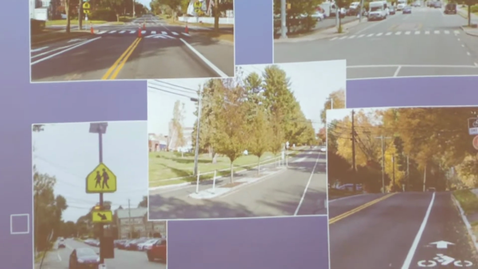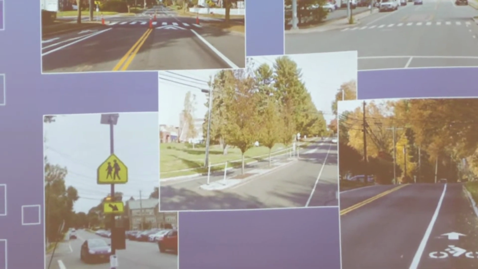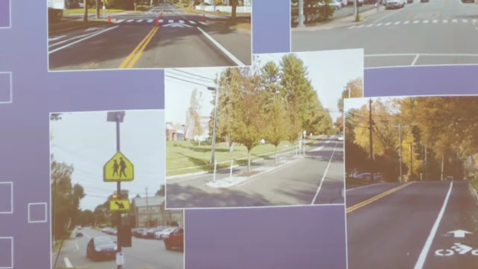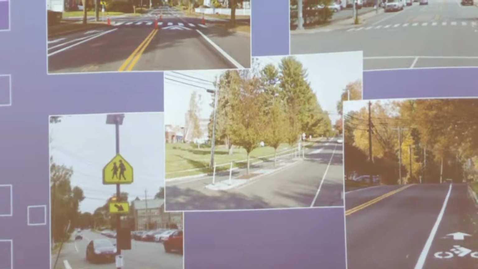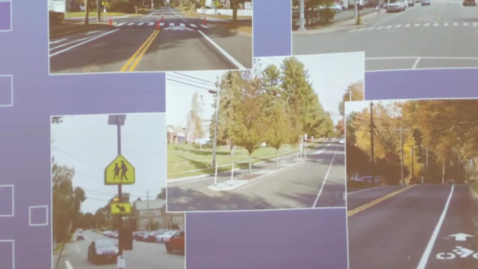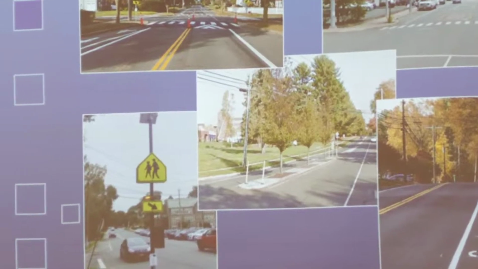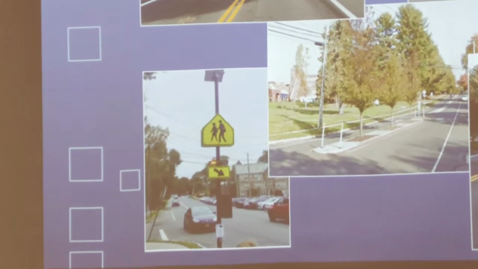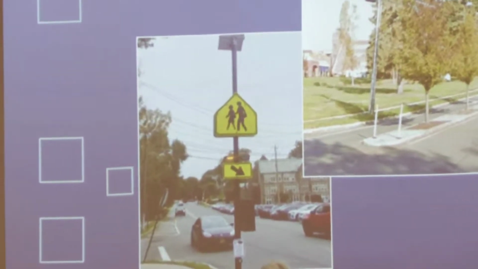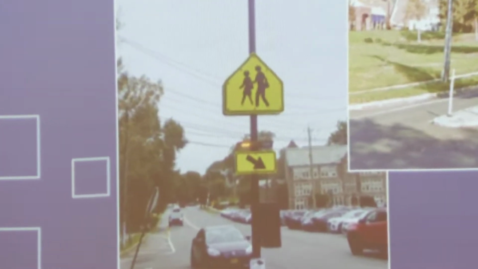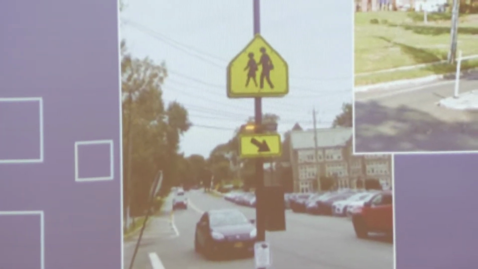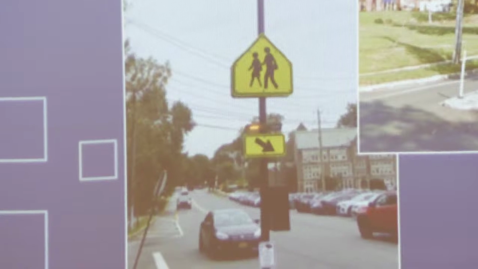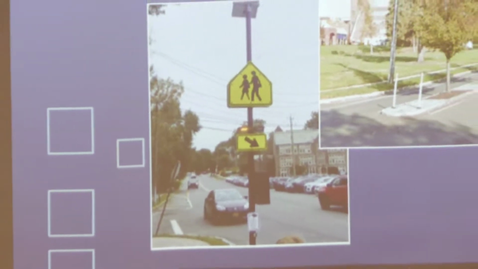The middle picture is a raised median, and we have one proposed at the east end of the project, coming in from Hartford. The lower left is the RRFB, or rectangular rapid flashing beacon, that will be installed on the Park Road crossings. And then that's just a bike lane on the lower right.